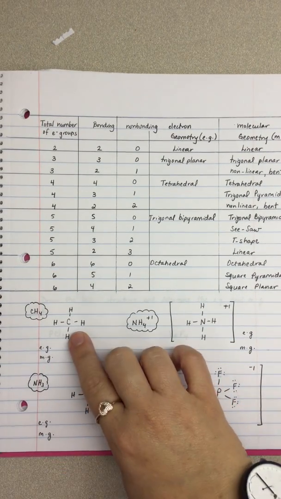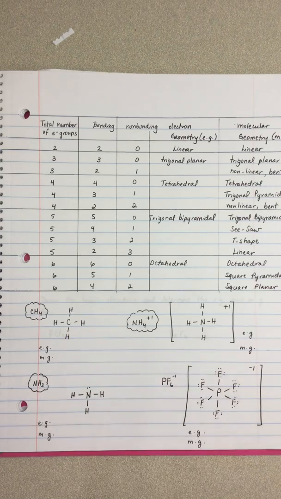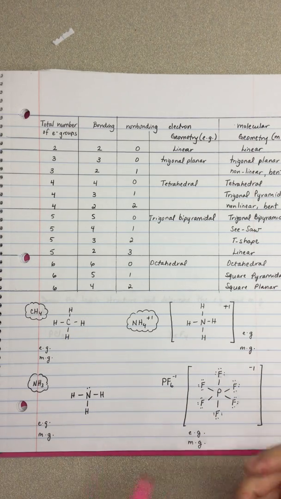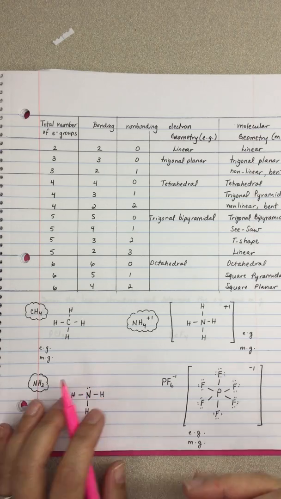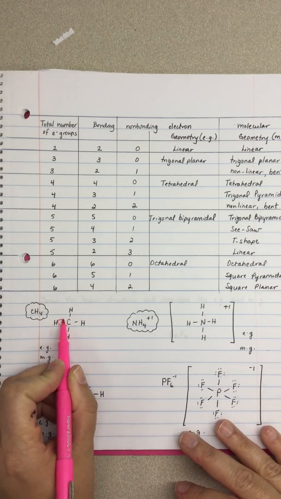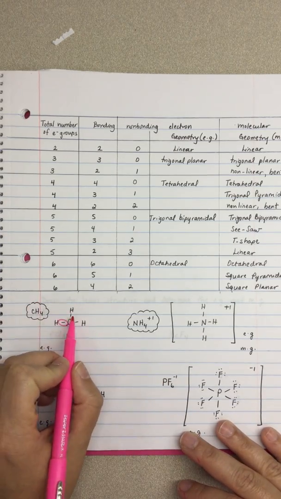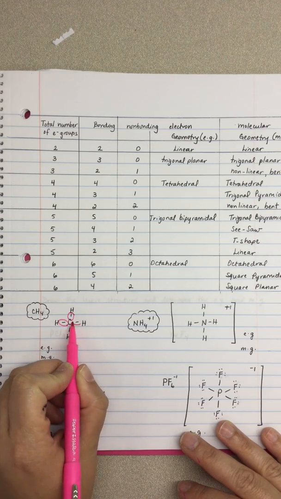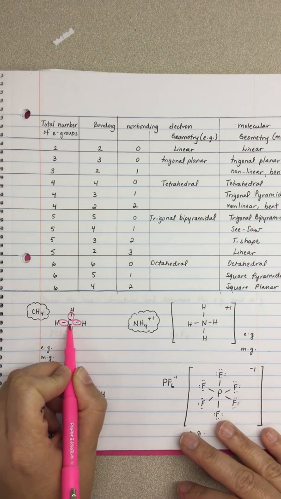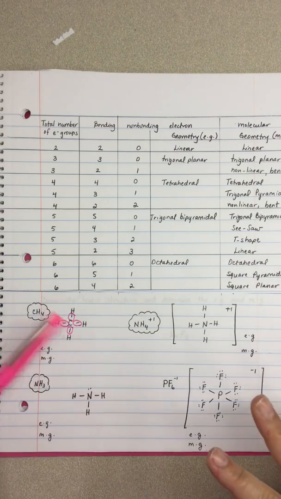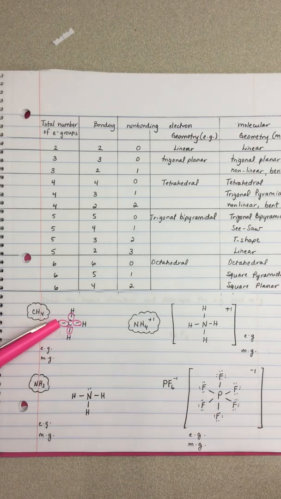So I'm going to start with my CH4 here, where you already have the Lewis structure. I'm going to mark the electron groups. I have a single bond, that's 1 electron group, that's another one, and another one. So I have a total of 4 electron groups around the carbon, which is the central atom.